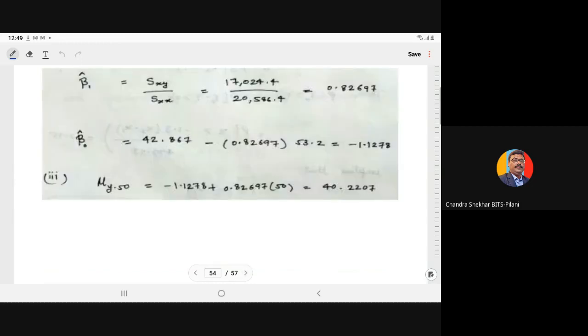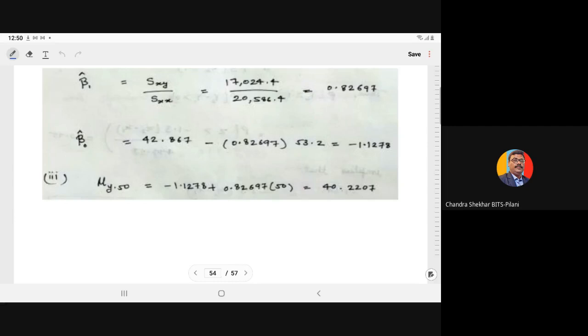From here you will get the slope beta 1 as Sxy upon Sxx. So it will come 0.82697, and the intercept of y, which we denote by beta naught cap, is equal to 442.867 minus 0.82697 times its value, so it will be minus 1.1278.